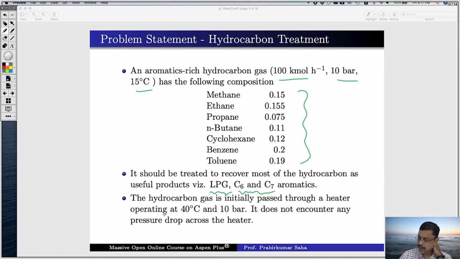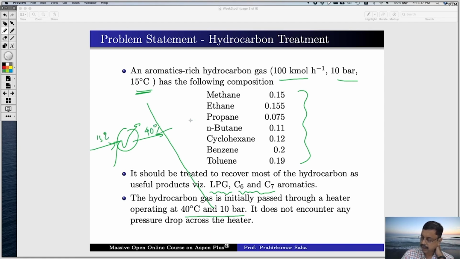So this hydrocarbon gas is initially passed through a heater operating at 40 degrees centigrade and 10 bar. Now you see, the heater is needed to increase the temperature from 15 to 40 degrees centigrade. So if we have a heater, we will have the gas entering here at 15 degrees centigrade, and it is expected to come out at 40 degrees centigrade because the heater temperature is 40 degrees centigrade.